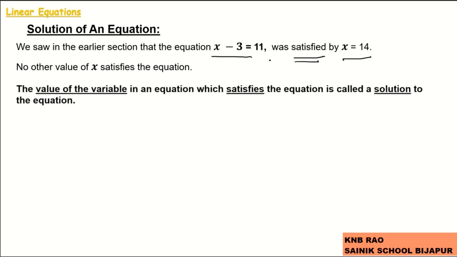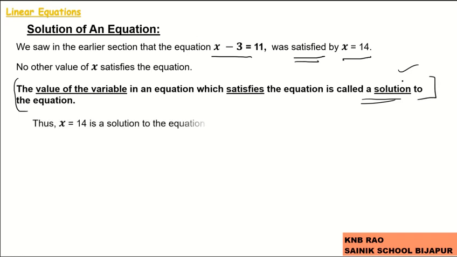Therefore, the value of the variable in an equation which satisfies the equation is called the solution of the equation. So, you can pause the screen and note down this important statement, and further x equals 14 is a solution to this equation x minus 3 equals 11.